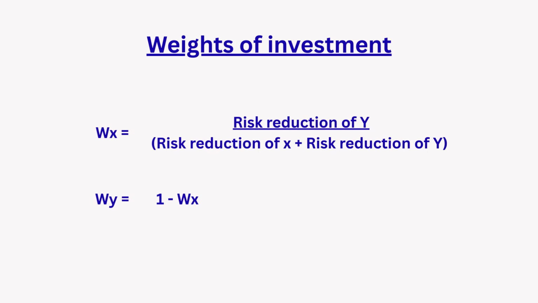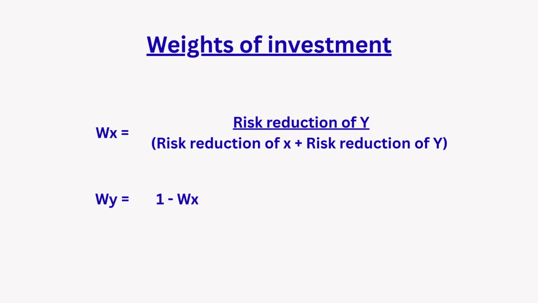So to calculate the minimum risk portfolio, we have the formula of weight X and weight Y. That is how much we should invest in X and how much we should invest in Y. For weight of X, we will divide the risk reduction of Y by risk reduction of X plus risk reduction of Y. Simply, it means variance of Y less covariance of XY divided by variance of X plus variance of Y less 2 into covariance of XY.